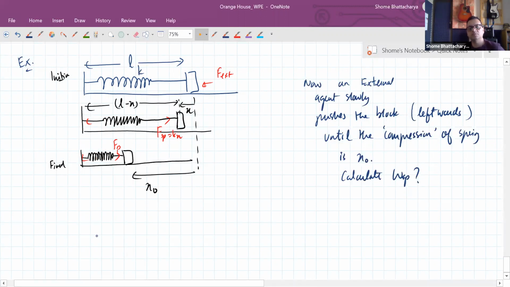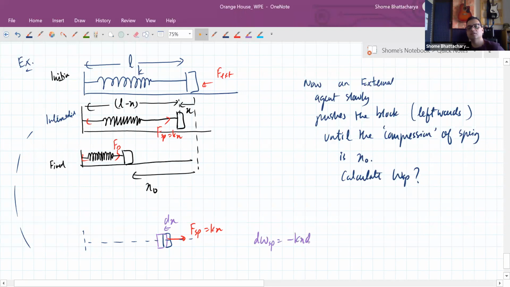So at some intermediate time, you can see that spring force is acting in this direction. Its magnitude is kx, and the block is going to make a displacement in this direction of dx. So work done by the spring during that small displacement is minus kx dx.